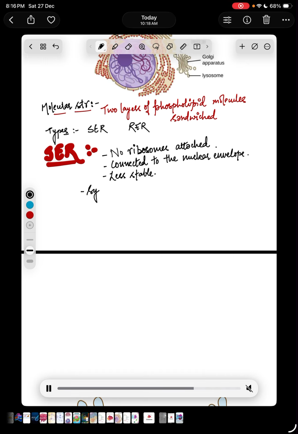The network of SER allows there to be enough surface area for the action or storage of key enzymes or the products of the enzymes. SER is less stable. The SER is characteristic of cells in which synthesis of non-protein substances takes place.